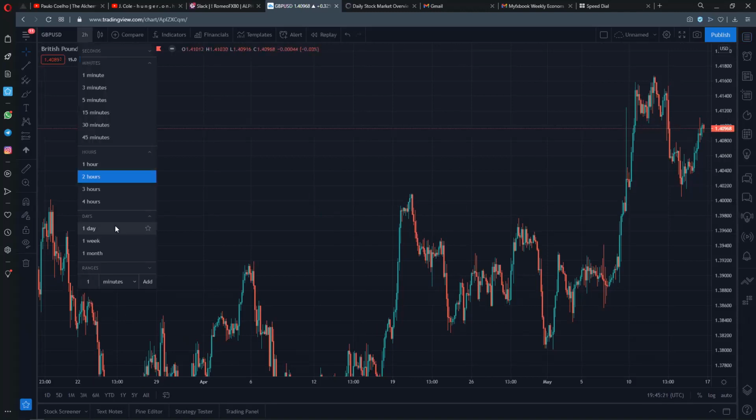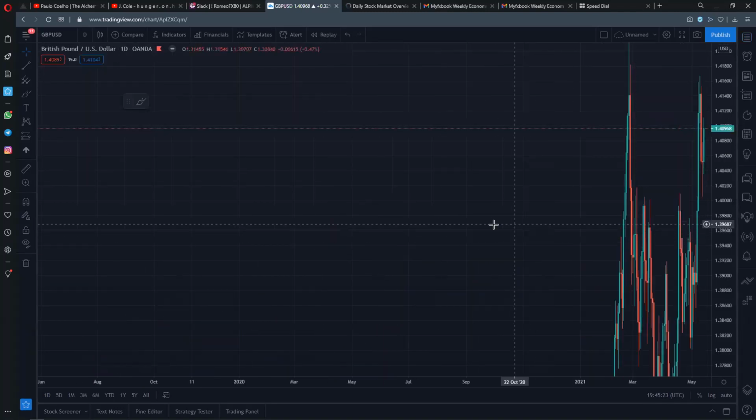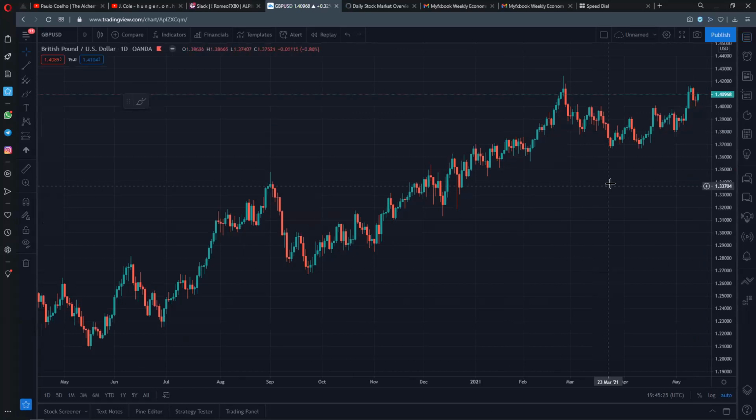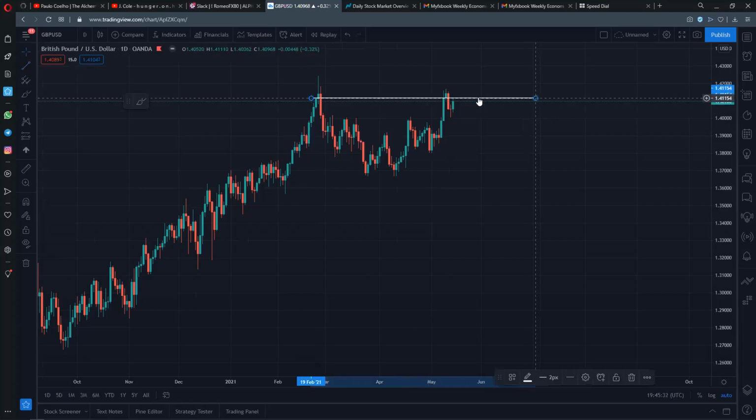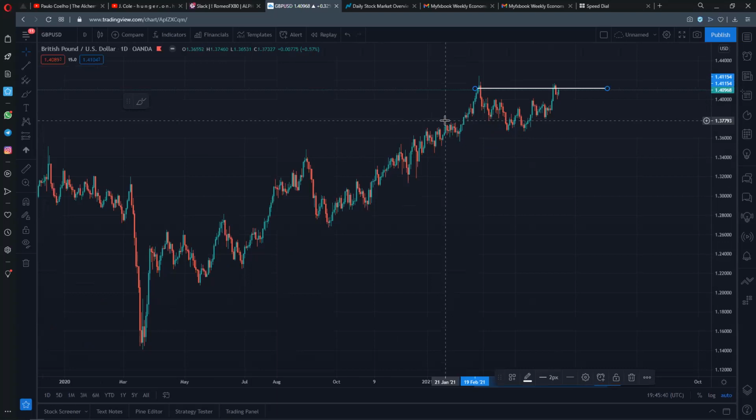We have a look at the daily. You've seen that what I've been looking at mostly is the daily for buyers. GBP is at an interesting point because we are now reacting to this supply zone that is here. And we've seen a big candle drop, and then we came back to start pushing back to the upside.